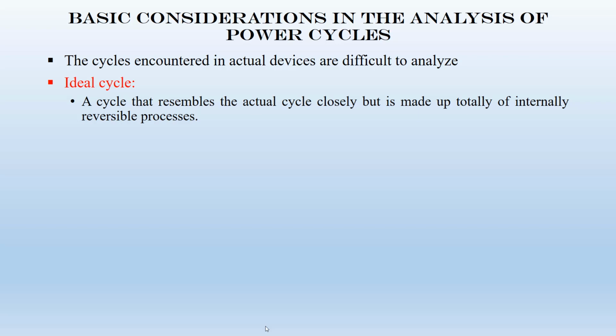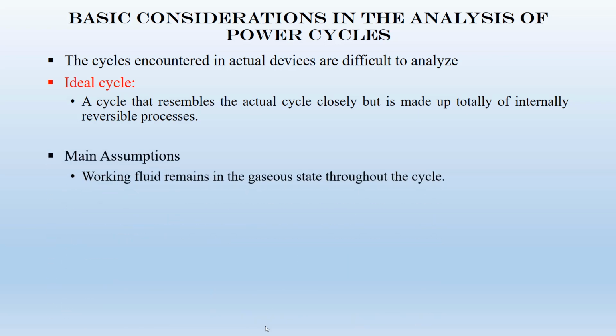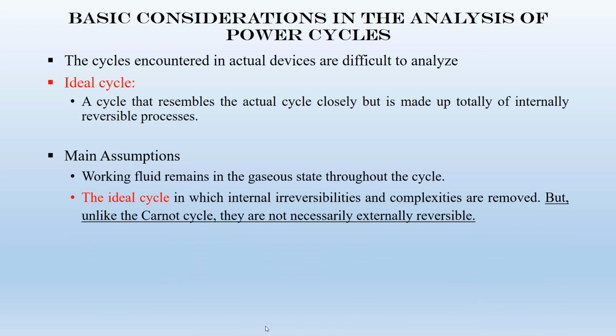So what is the ideal cycle? The ideal cycle is a cycle which is close to the real cycle, and it's an internally reversible process. Correct? Internally reversible process. Keep in your mind that in the ideal cycle, we use some assumptions. The first assumption is that we assume the working fluid is always in the gas state, so there is no phase change.